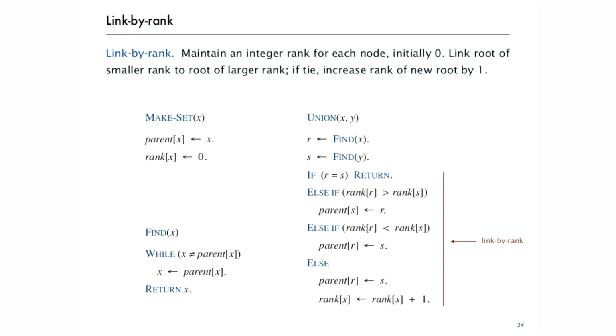But else, when two roots of the same rank are merged, I arbitrarily make S the parent of R, and the rank of S becomes rank of S plus 1.